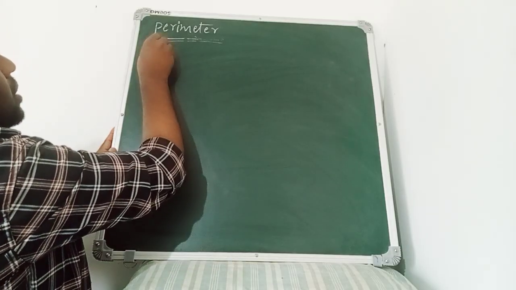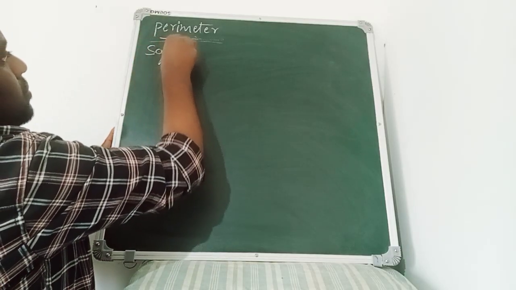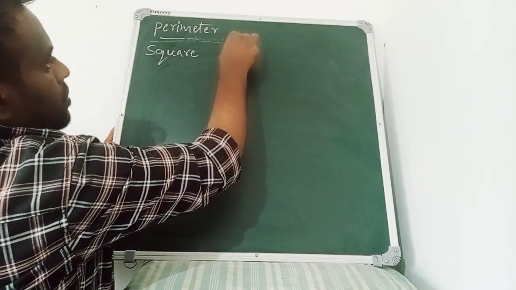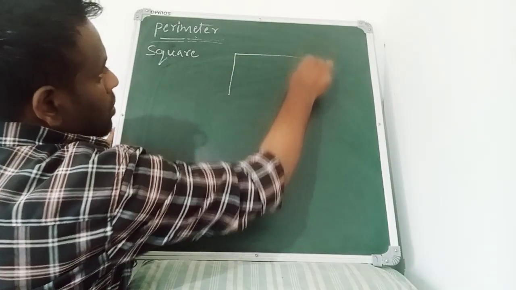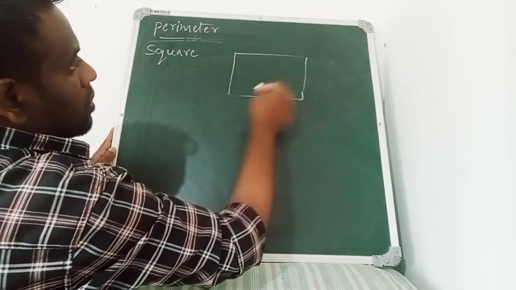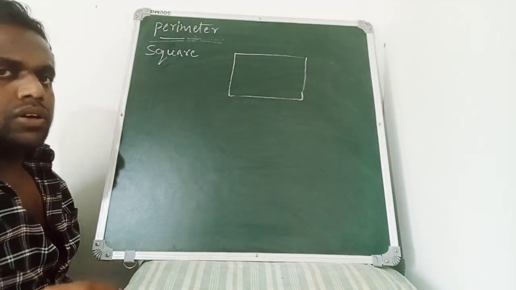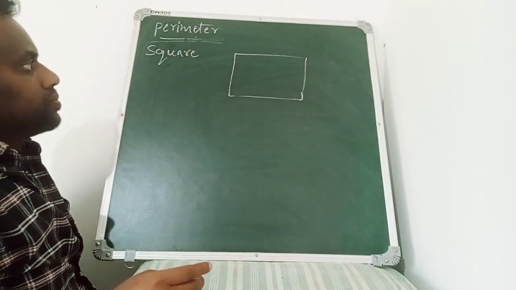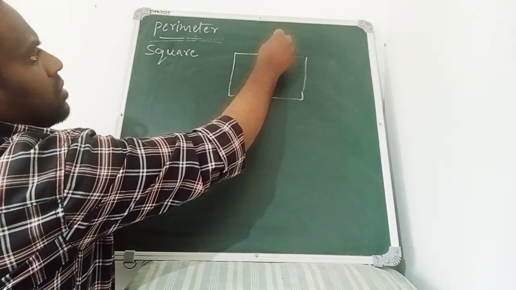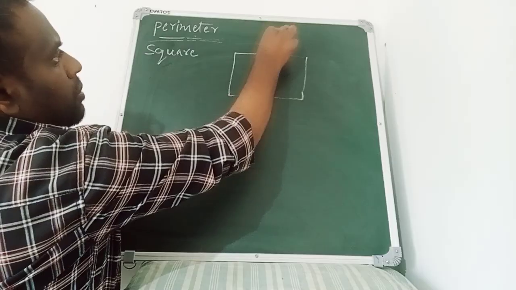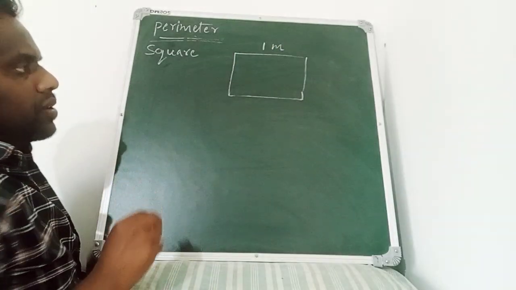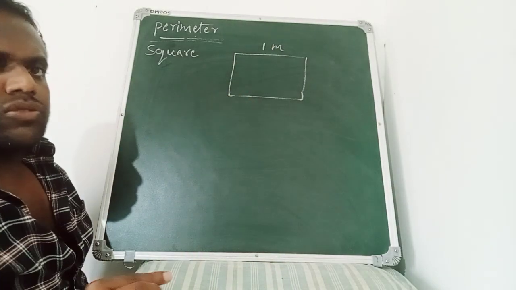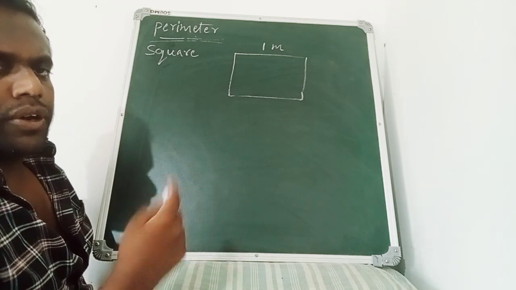Second example, I will take a square. Okay, square. So they have given the figure like this. Say 1 meter they have given. So first, what you have to do?